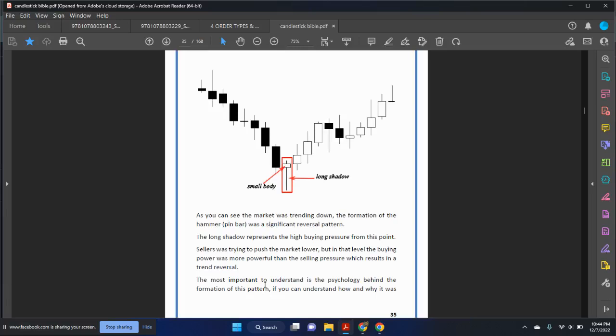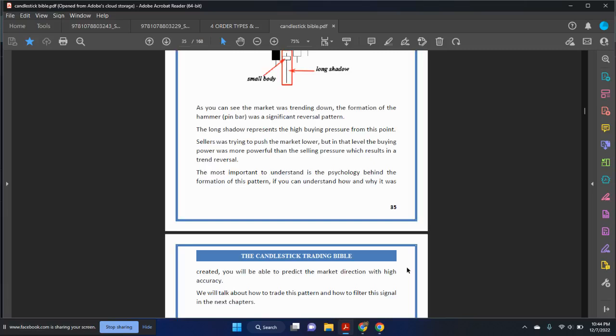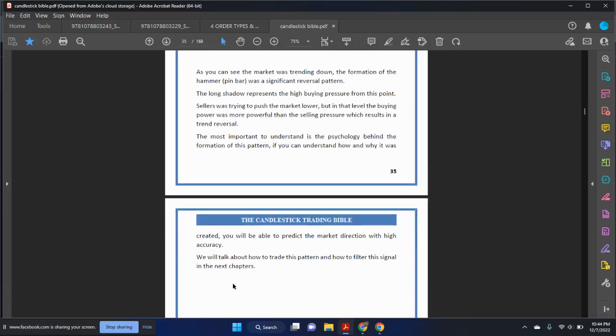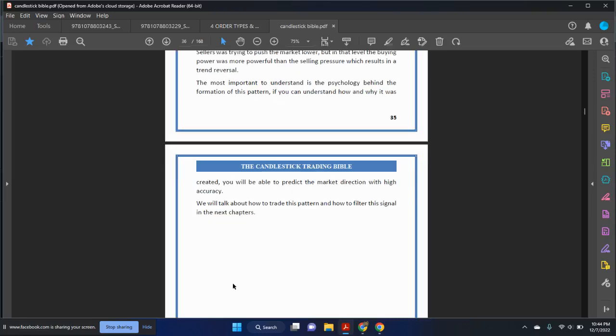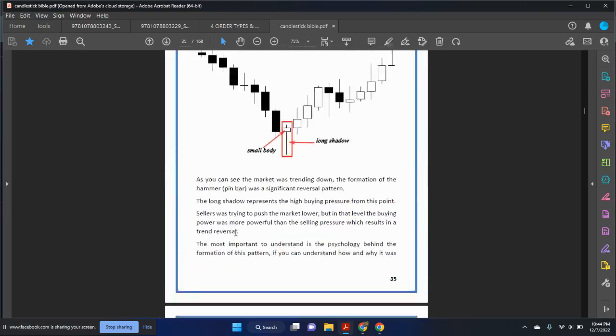The most important thing to understand is the psychology behind the formation of the pattern. If you can understand how and why it was created, you will be able to predict the market direction with high accuracy. And then it says we will talk about how to trade this pattern and how to filter this signal in the next chapters.